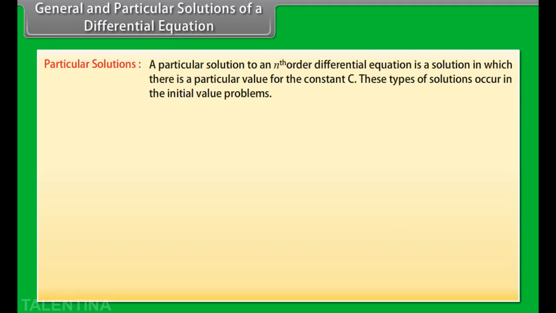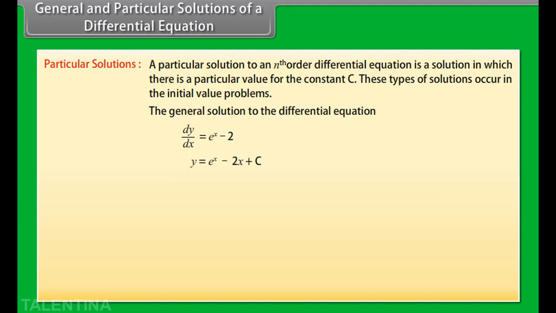Particular solutions. A particular solution to an nth order differential equation is a solution in which there is a particular value for the constant c. These types of solutions occur in the initial value problems. The general solution to the differential equation dy by dx equals e raised to the power x minus 2 is y equals e raised to the power x minus 2x plus c, when y0 equals 3.